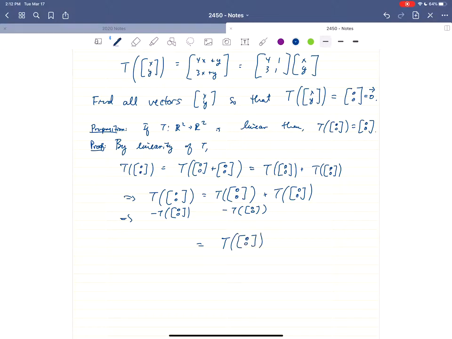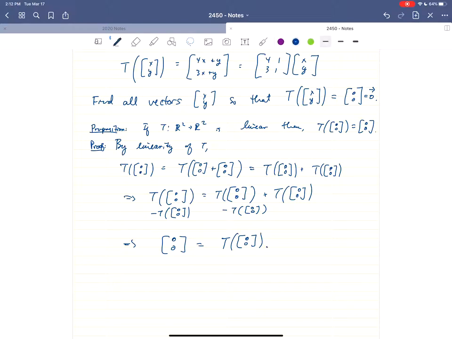On the left, remember that this output is a vector in R2, I'm subtracting itself, so I get the 0 vector in R2. And so there we go. It turns out that the 0 vector always gets mapped to the 0 vector for any linear transformation.